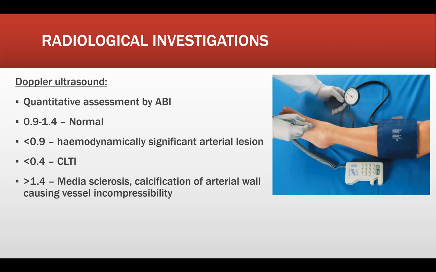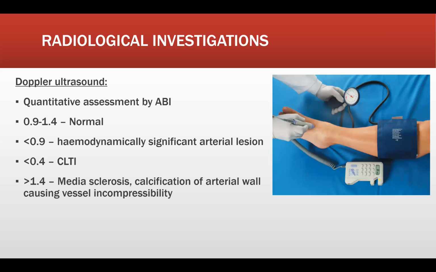Sir, first we examine the systolic pressure of both the upper limbs and then the lower limb systolic pressure, and then we divide the systolic pressure of the brachial by the ankle, and that is called ABI. No, you divide ankle by brachial, not the other way around. Ankle by brachial, sir.